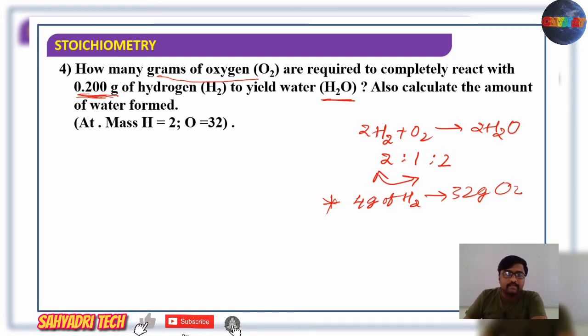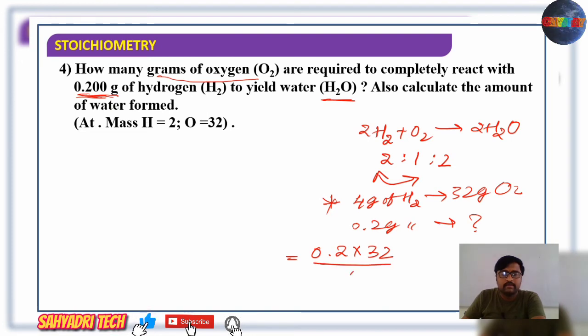Now, how much? 0.2 gram of hydrogen requires how many grams of oxygen? So that is 0.2 into 32 divided by 4, right? 4 ones are 4, 8 fours are 32.